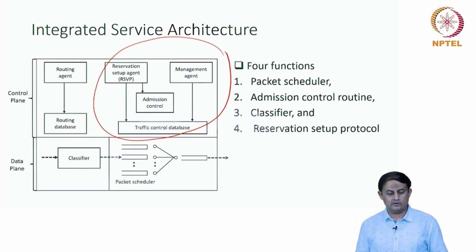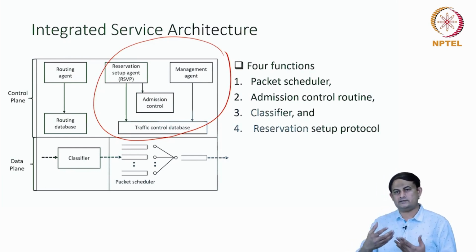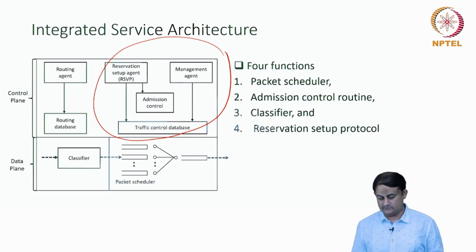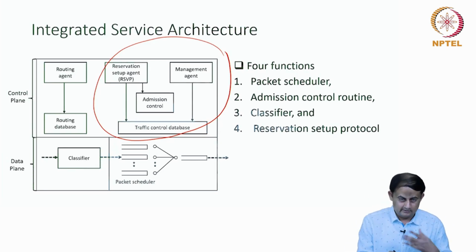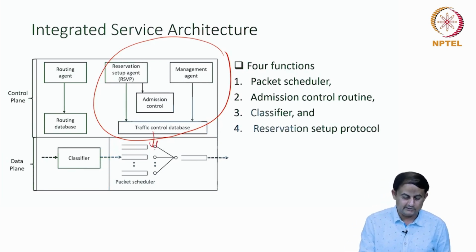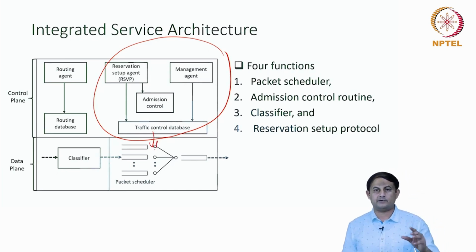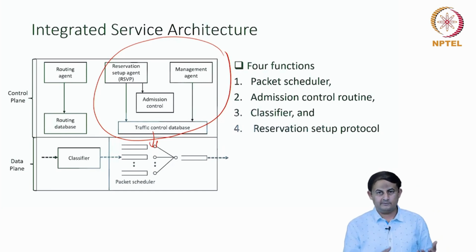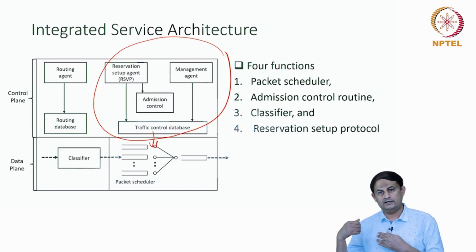And then you have something in the data plane called a packet scheduler, which actually picks the packets in a certain order from different queues and schedules them for transmission. And the input for this scheduling decision is coming from this traffic control database. Once you make those reservations and the admission control decisions, you can tell your scheduler this is what you should do.